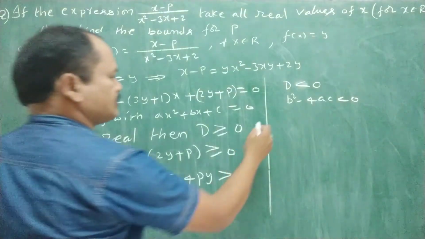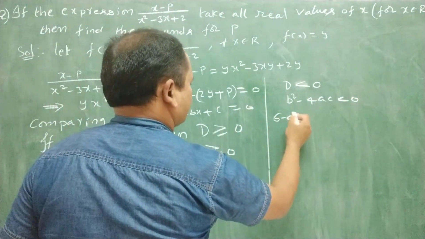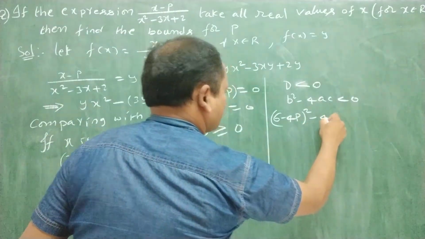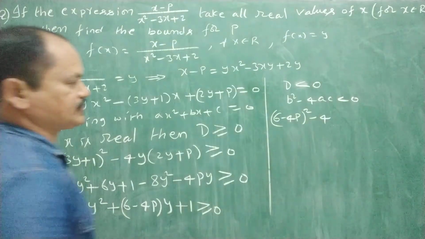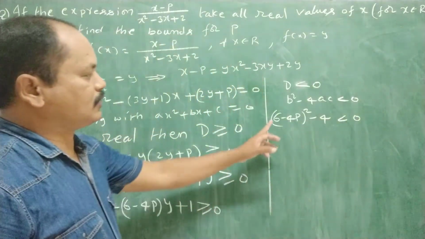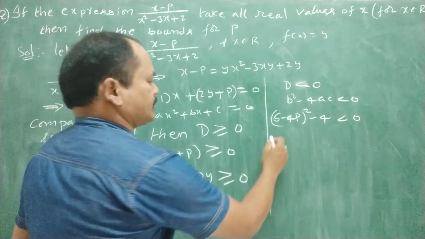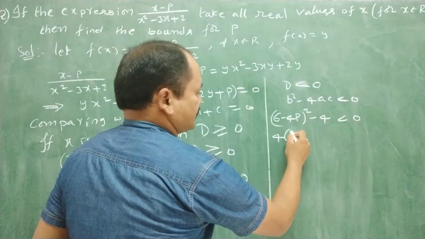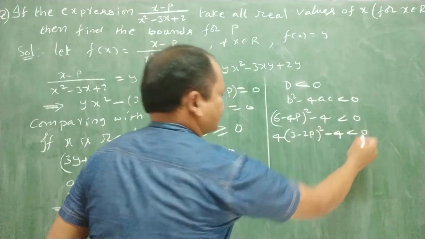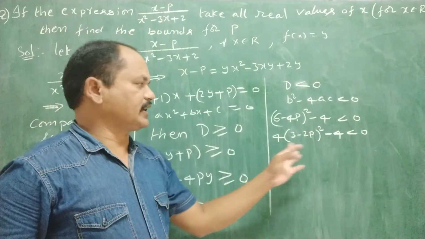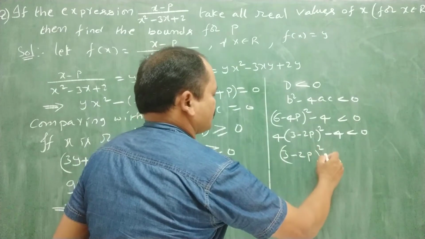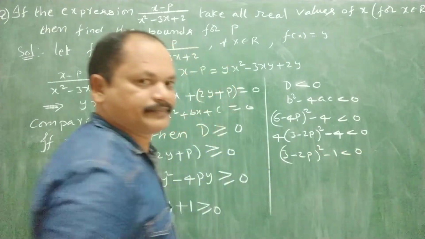What is b square? (6 minus 4p) whole square minus 4, a is 1, c is 1, less than 0. Now take common 2, then it is 4 times (3 minus 2p) whole square minus 4 less than 0. Take common 4 and it gets cancelled. Then (3 minus 2p) whole square minus 1 less than 0.